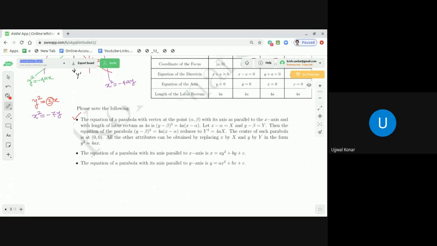Second point is that the generic equation of a parabola with its axis parallel to the x-axis is x equal to ay square plus by plus c. And the equation of a parabola with its axis parallel to the y-axis is y equal to ax square plus bx plus c.